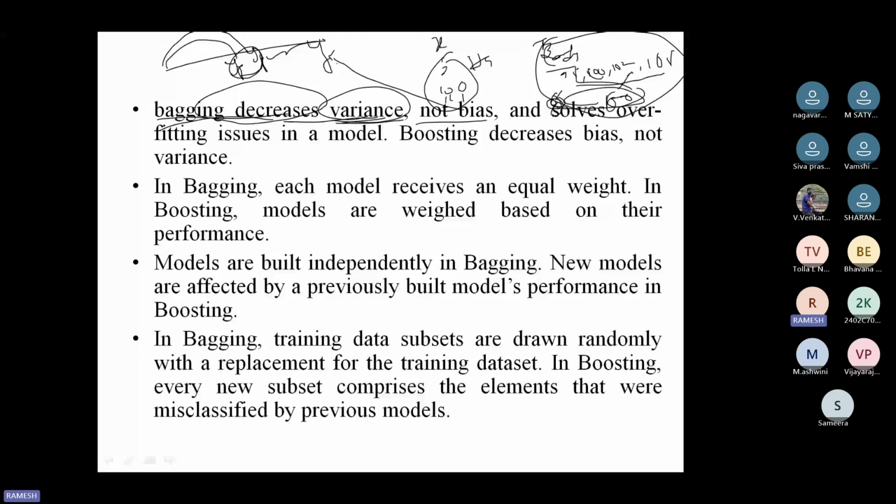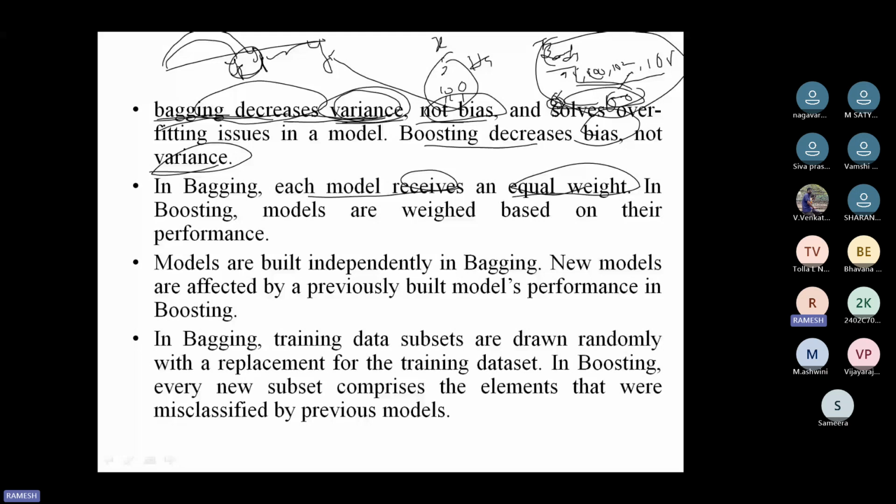If we use the bagging approach, we can overcome variance, but we can't provide good bias. Boosting can decrease the bias, not the variance. Understood? In bagging, each model receives equal weightage, so no proper weightage is given.